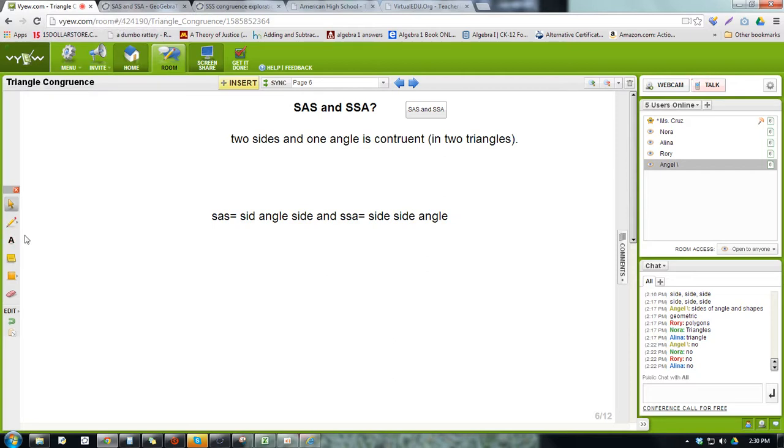All right. Now that you guys have all played with that, raise your hand if you found two triangles that weren't congruent. Okay, nobody found any?